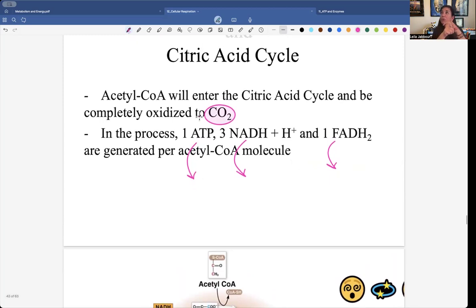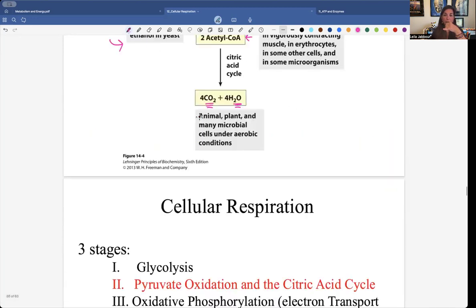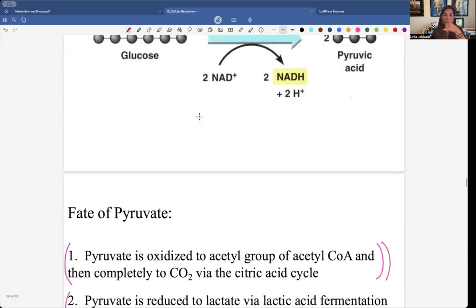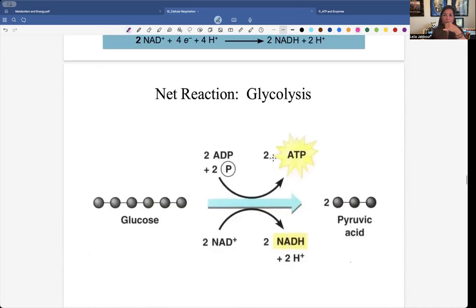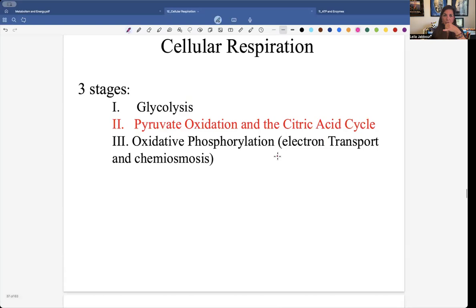We already made two during glycolysis. We made two more during pyruvate oxidation. Right here, right? Two more during, oops, no, sorry, that's the glycolysis.